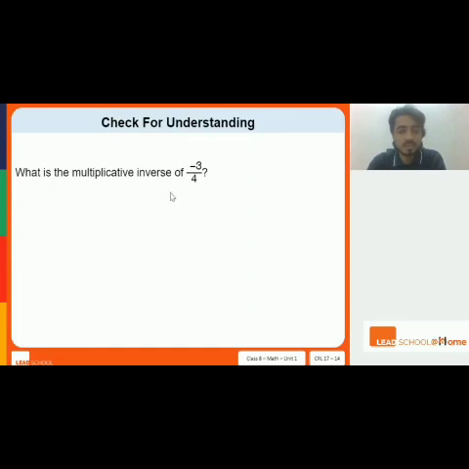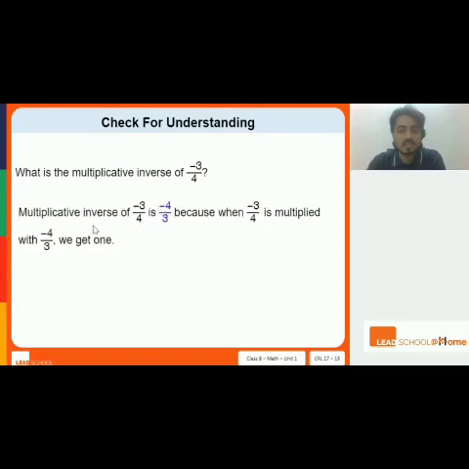We need to find such a number that when we multiply it with negative 3 by 4, we get 1 as the answer. So the number is negative 4 by 3. The multiplicative inverse of negative 3 by 4 is negative 4 by 3, because when negative 3 by 4 is multiplied with negative 4 by 3, we get 1.